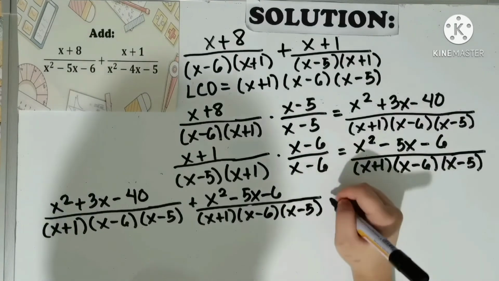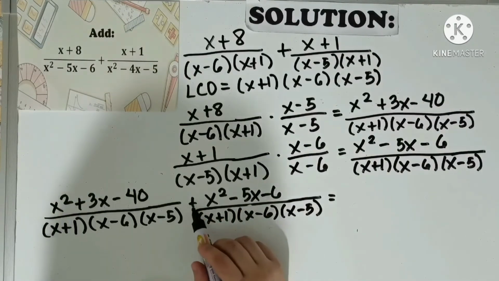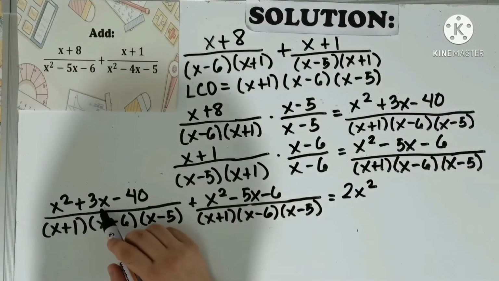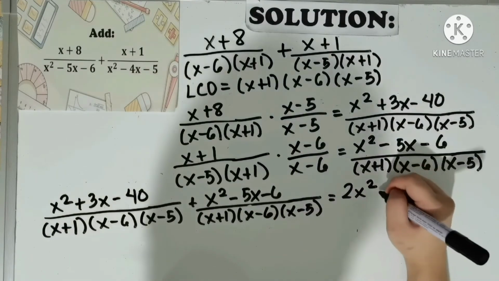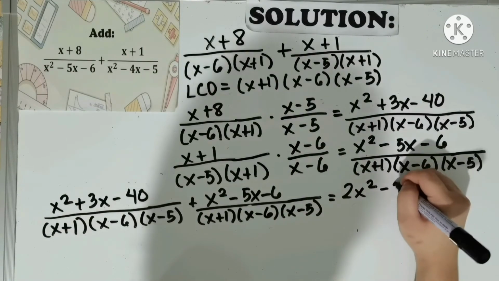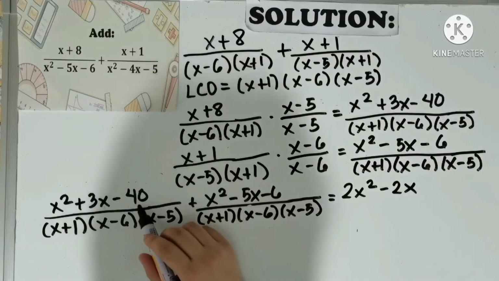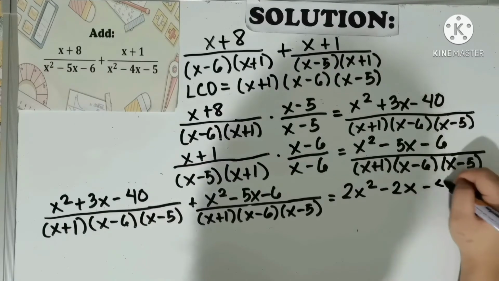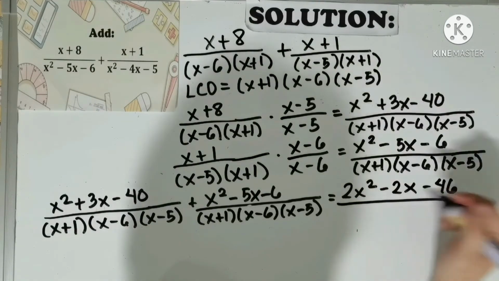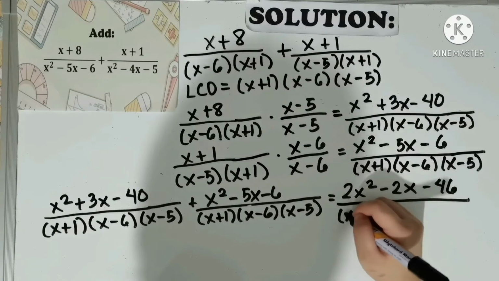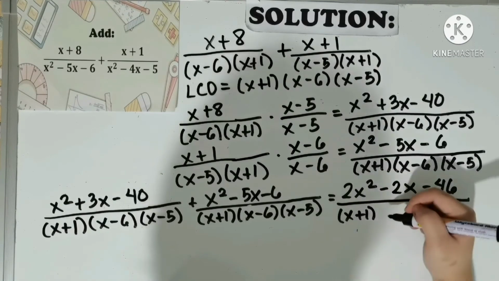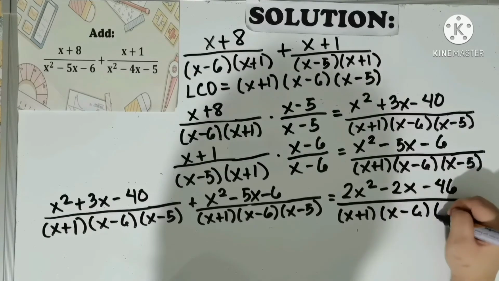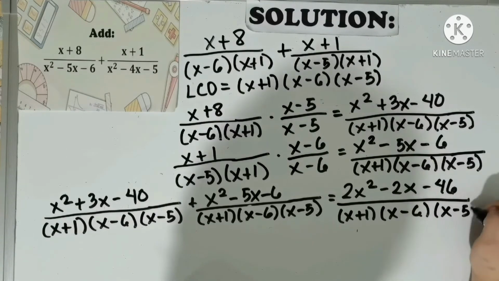Now we combine like terms. x squared plus x squared is equal to 2x squared. 3x plus negative 5x is equal to negative 2x. Negative 40 plus negative 6 is equal to negative 46 over the quantity x plus 1 multiplied by the quantity x minus 6 multiplied by the quantity x minus 5.